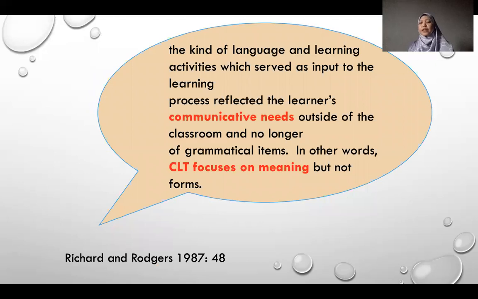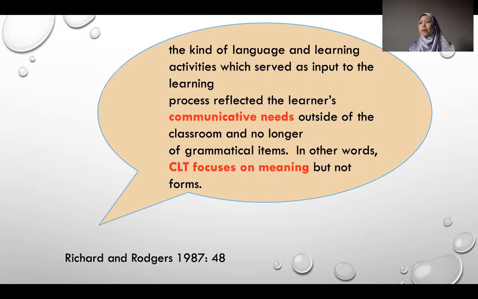According to Richards and Rogers, the kind of language and learning activities which served as input to the learning process reflected the learner's communicative needs outside of the classroom and no longer on grammatical items. In other words, CLT focuses on meaning but not on forms.